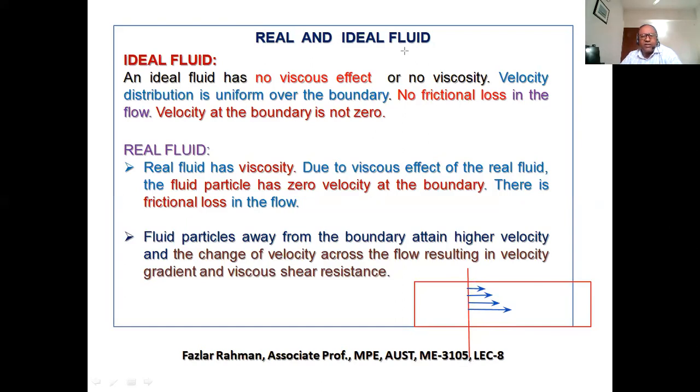So if I think this is my x-axis, this is my y-axis, or you can think that this is the U along this direction. So this is the velocity U, and along this direction Y. So what do you see over here?